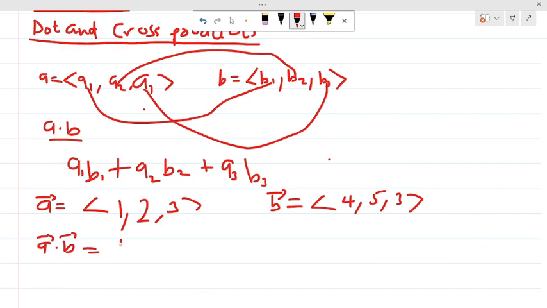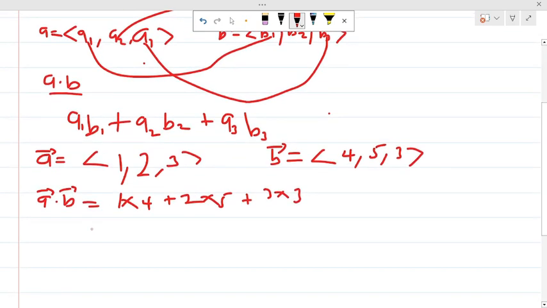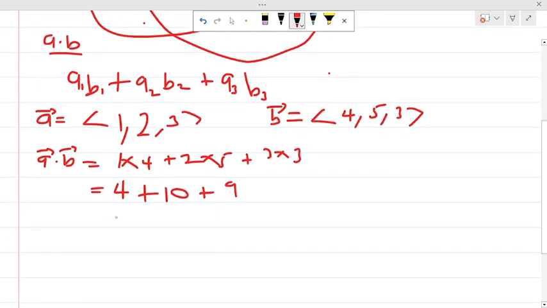So we get 1 times 4 plus 2 times 5 plus 3 times 3. So we get 4 plus 10 plus 9, which is 23. So our dot product is 23.